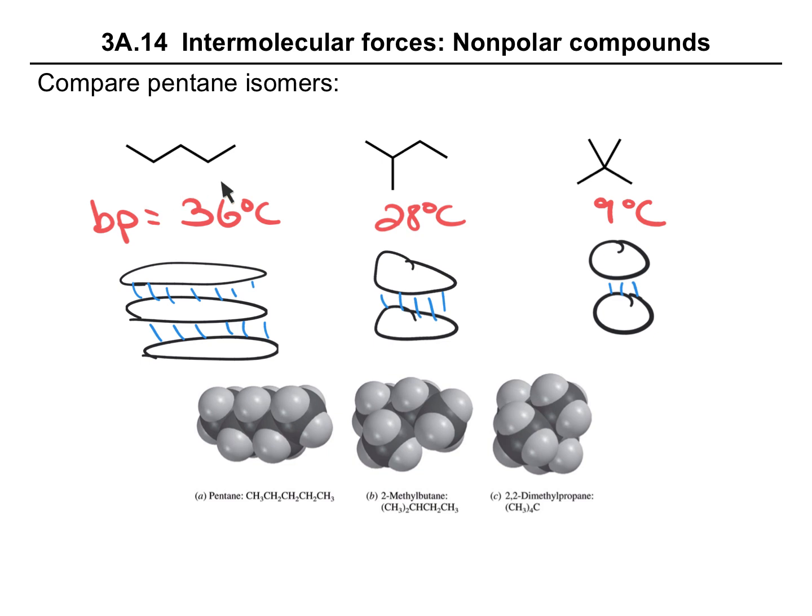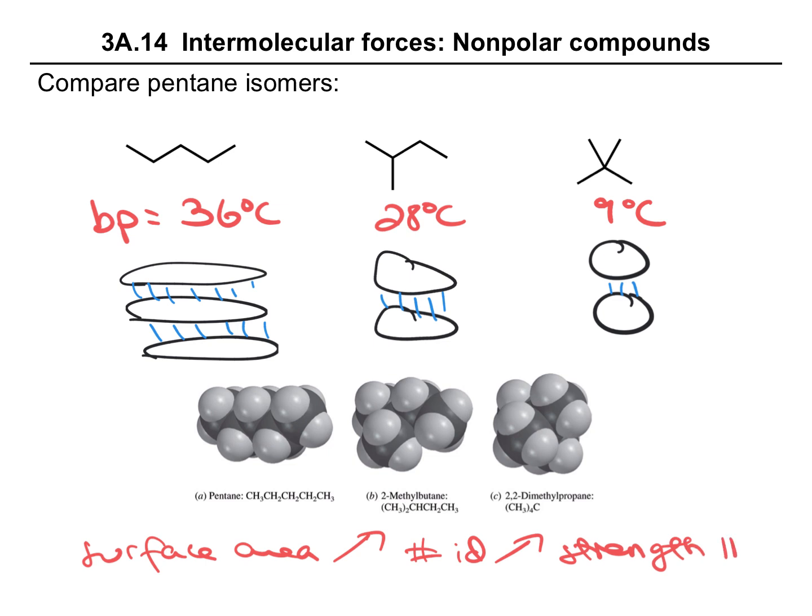So for molecules with the same molecular weight, the surface area has an impact on the boiling point. That's because as the surface area increases, then the number of induced dipole interactions increases. So the strength of the intermolecular forces increases, and so the boiling point increases.